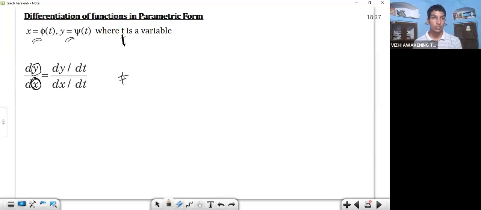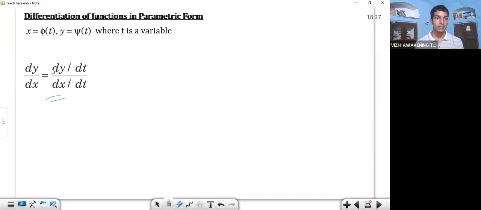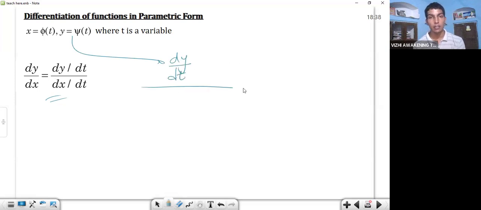And how we should find the change of y with respect to x is given in this formula. Here we can see the formula for dy by dx: first we have to differentiate y with respect to t, and then divide it by the derivative of x with respect to t, and that will be equal to dy by dx.